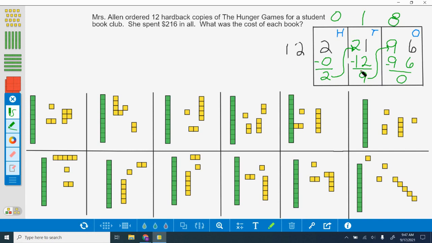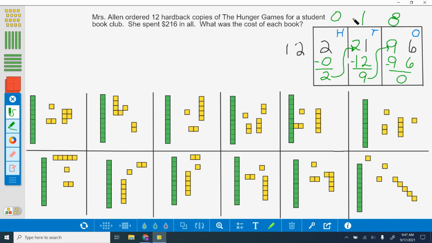So let's talk about some of these numbers in relation to our story problem again. 216. That was the total dollars that were spent on books. And we divided that amount of money by 12 hardback copies of The Hunger Games to find out what? What is this 18 here?